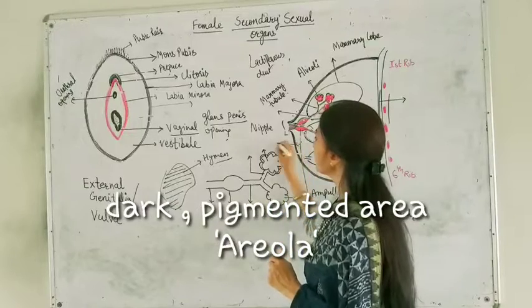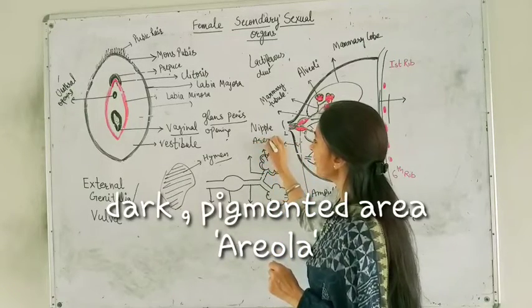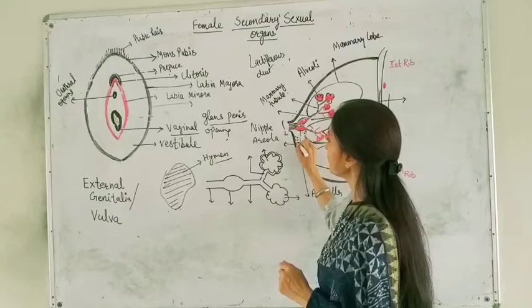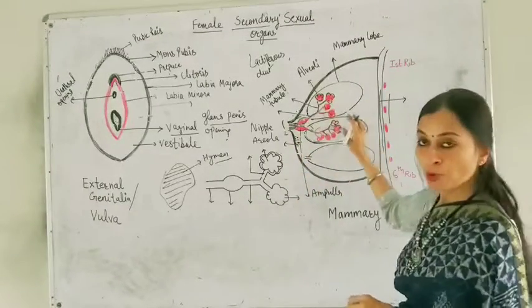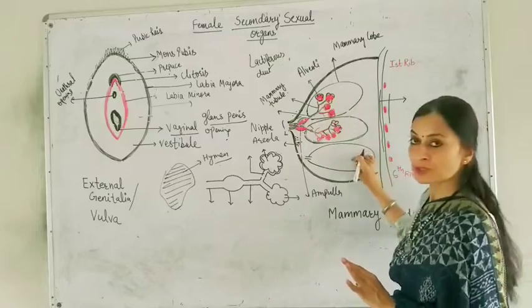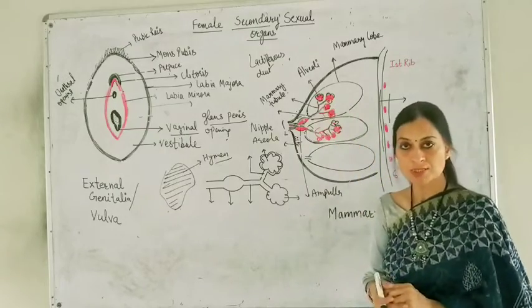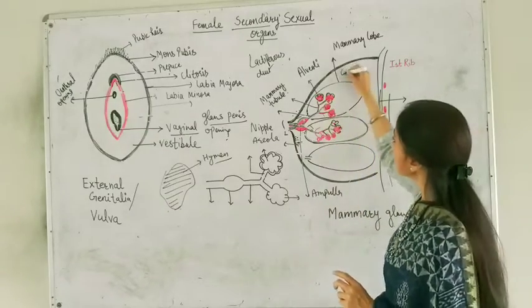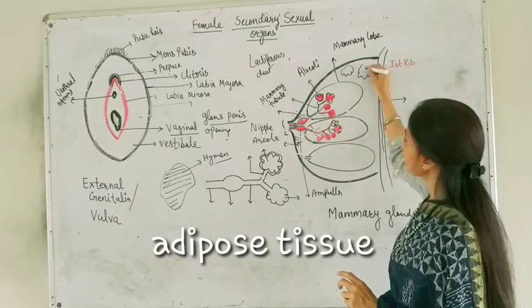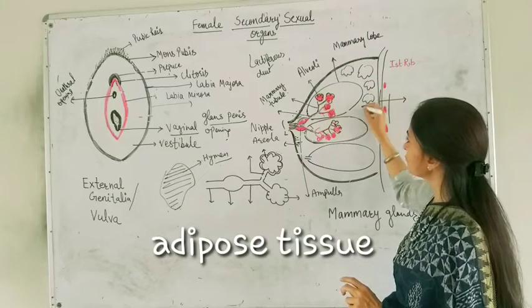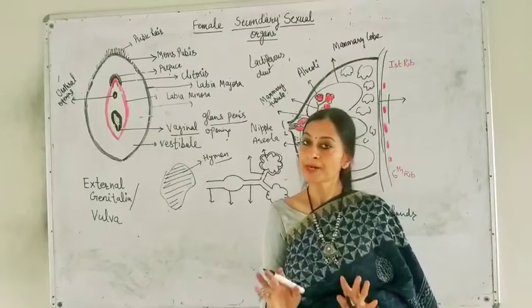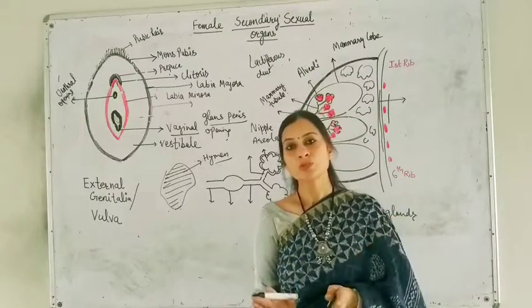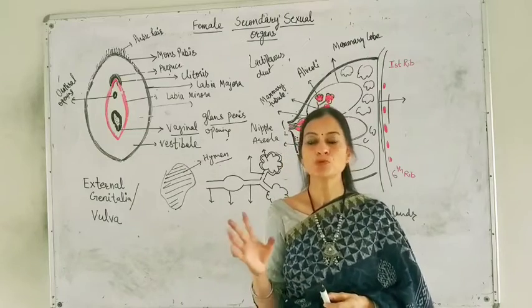The dark pigmented area is known as the areola. In this breast, you not only have to show these lobes, these milk secreting structures, but also the fatty adipose tissue. The size of the breast depends upon the presence of adipose tissue.